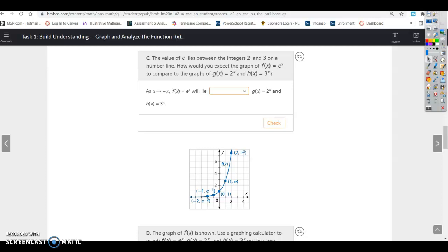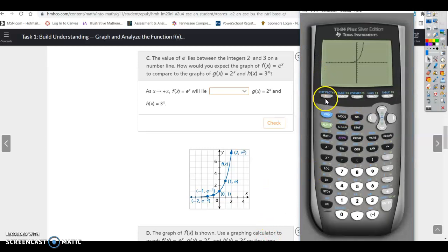How would you expect the graph of f of x equals e to the x to compare to g of x equals 2 to the x and h of x equals 3 to the x? Well, it's probably going to be somewhere in between those, but let's look and see what happens if we graph those as well. All right, so e to the x is already in here. Let's do 2 to the x power, and let's do 3 to the x power, and then let's hit graph.